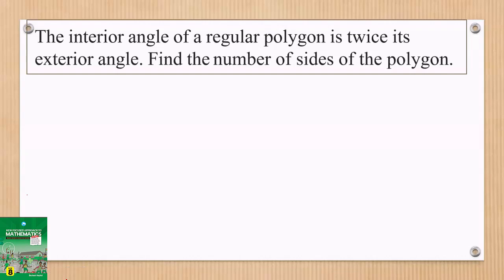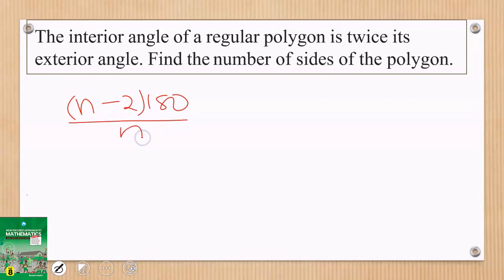So we know that the sum of the interior angles should give us n minus 2 times 180. And because I'm talking about one interior angle, if I have the total to be this, then it will be divided by n, so that I can get one interior angle, right? And they said this is twice the exterior angle. We also know that for every polygon, the sum of the exterior angles is always 360.